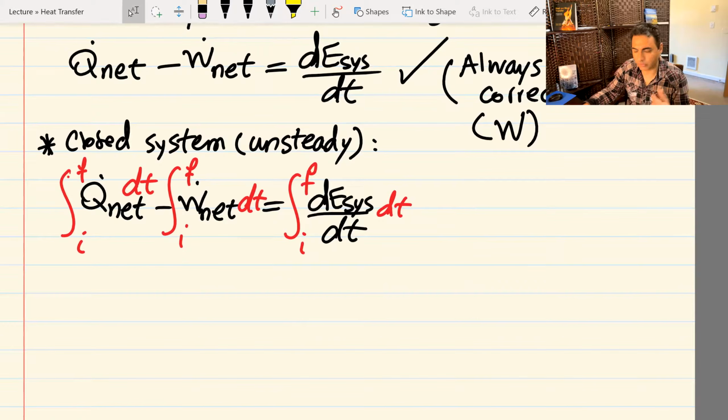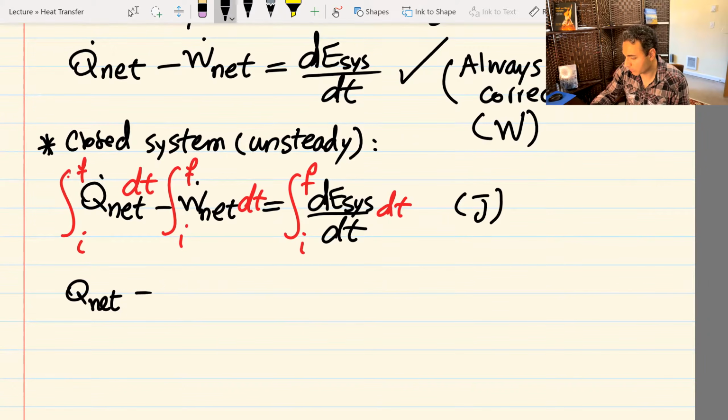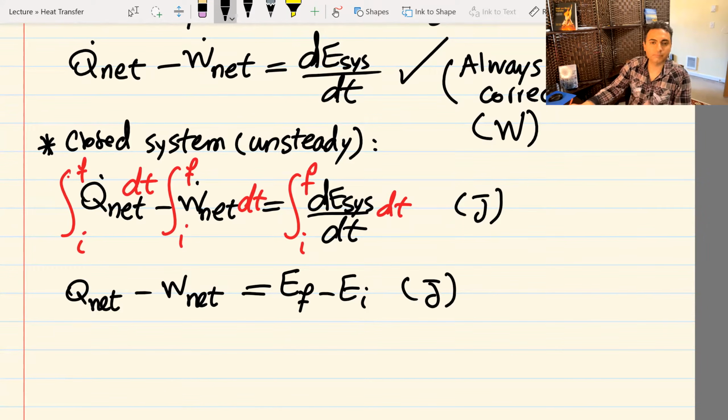But when I take the integral with respect to time, then it becomes joules. Q dot becomes Q net. W dot becomes just W net. And of course, this becomes E final minus E initial, joules.